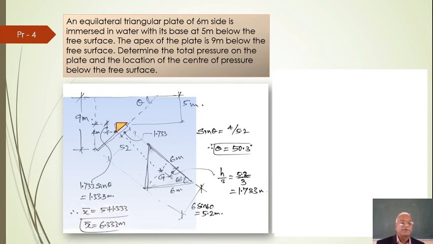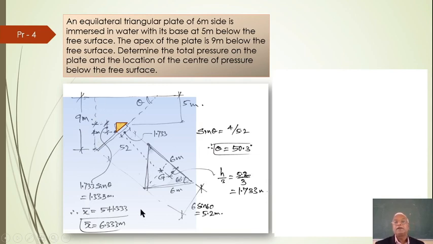And then afterwards, this x bar, that is the position of the centroid from the free surface, we want this additional 1.733 sine theta, because in this triangle theta is there, hypotenuse is already 1.733. So 1.733 sine theta becomes 1.33. So 1.33 plus 5, that will be 6.33, becomes x bar.